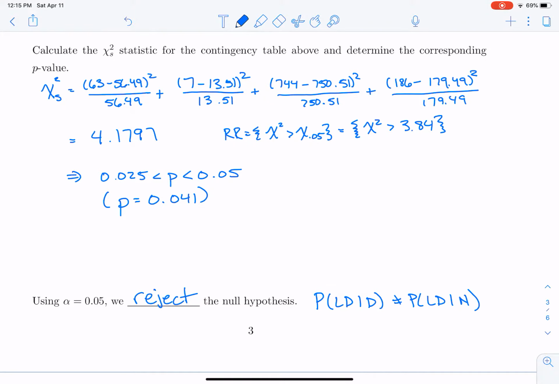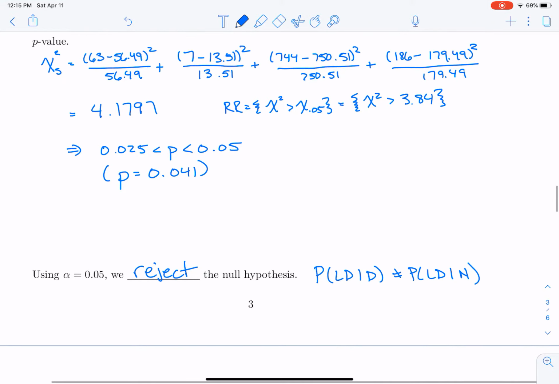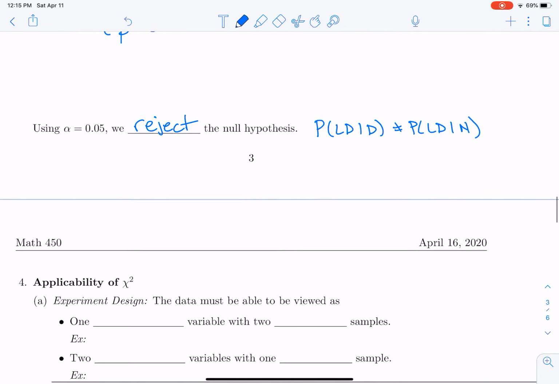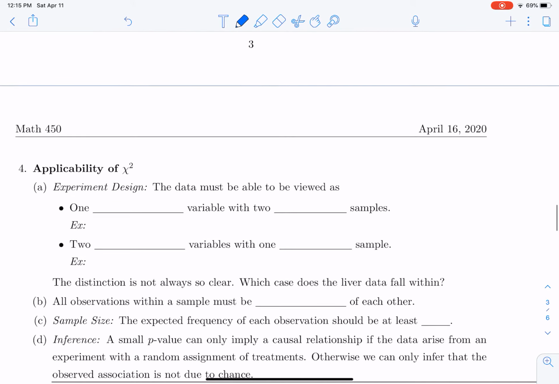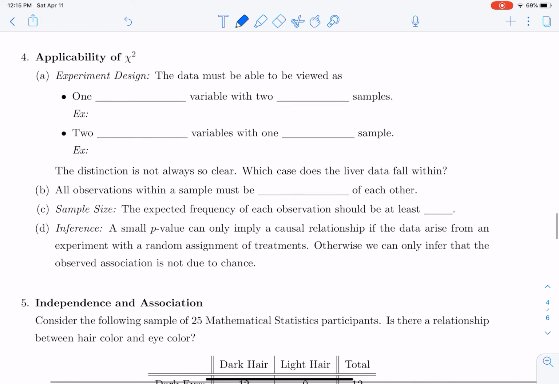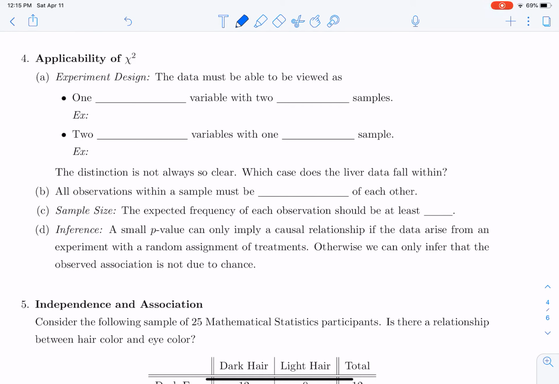Now that we've done this example, let's talk about what these experiments look like. When you're viewing a chi-square contingency table, a 2x2, the data has to be viewed in one of two ways. One is that you have a categorical variable with two random samples.